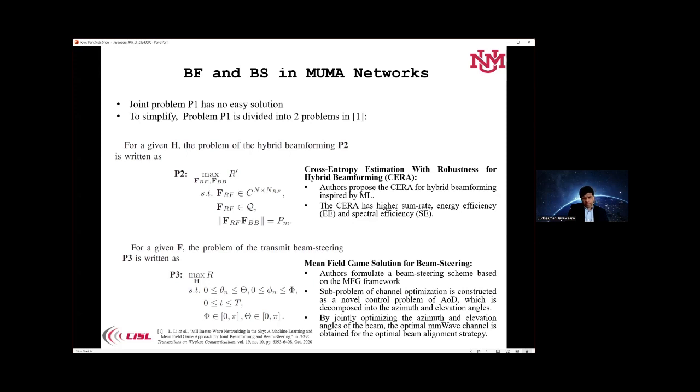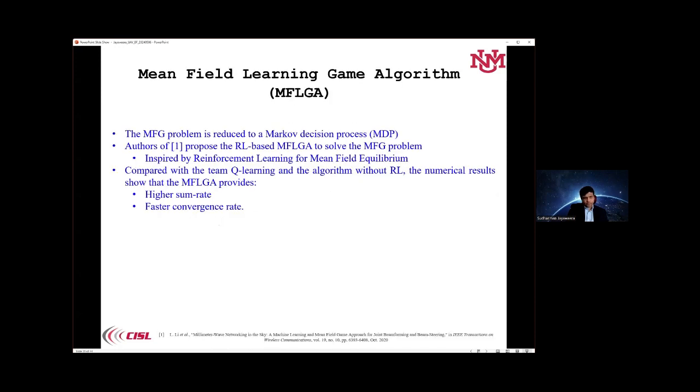And the beam steering problem is formulated as a mean field game and then reduced to a Markov decision process. To solve the mean field game or the Markov decision process, the authors propose a reinforcement learning-based algorithm called the mean field learning game algorithm.